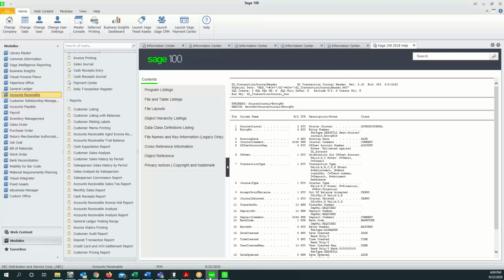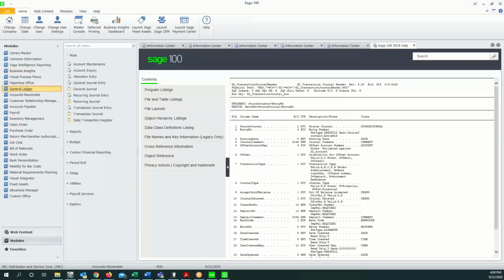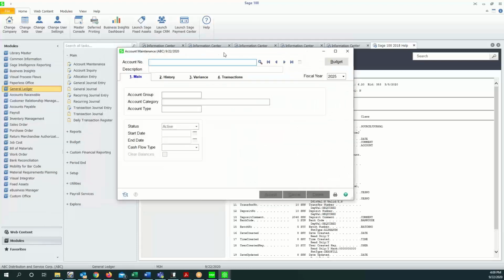So what I compare that to then is the general ledger account for the accounts receivable, and I want to make sure that at the end of the period on which I'm reporting, we have that same balance. So I get the account maintenance open here, and I'm going to pull open the receivables.